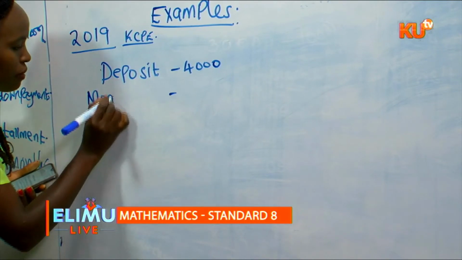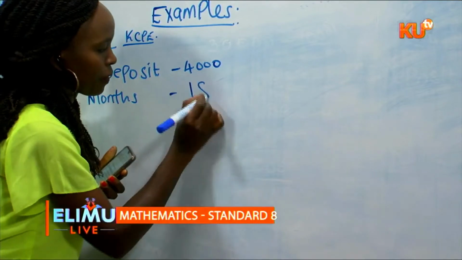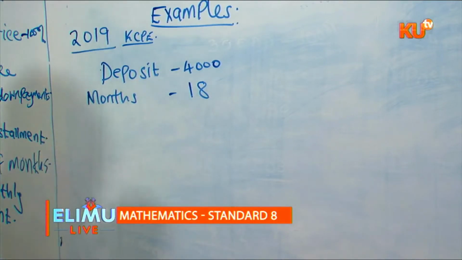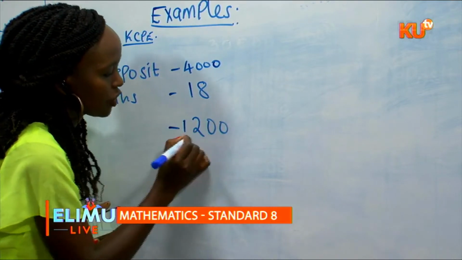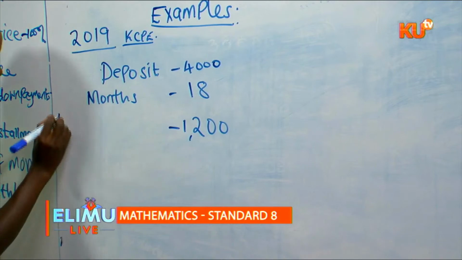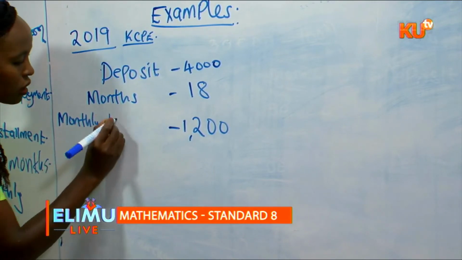So we have the number of months. The number of months were 18, and then the installment was 1,200 each. So this was the monthly installment.